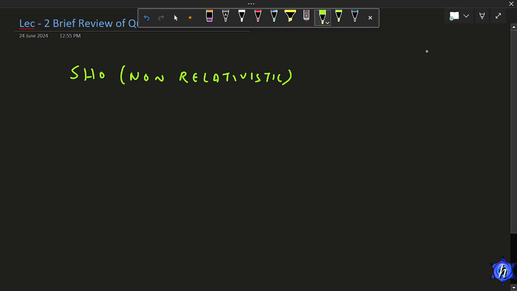So we'll start by writing the Hamiltonian operator. The Hamiltonian of the one-dimensional oscillator is given by 1 upon 2m p square plus m square omega square x square. So this is equation 1.1.